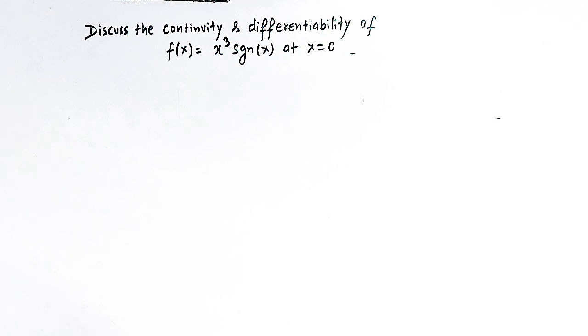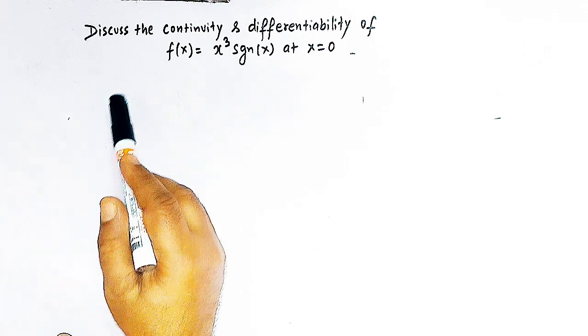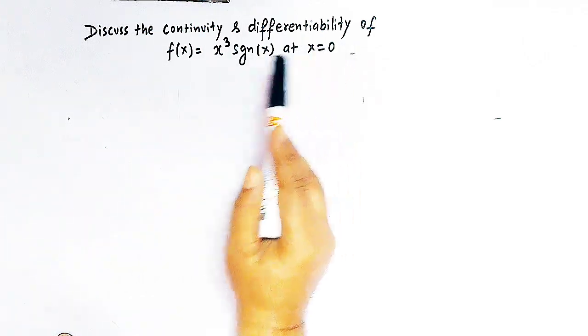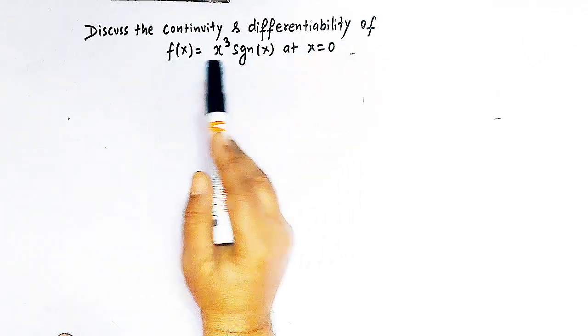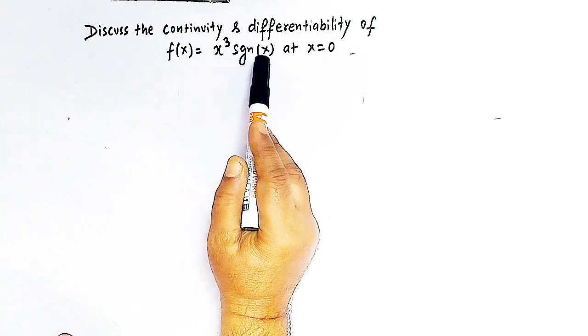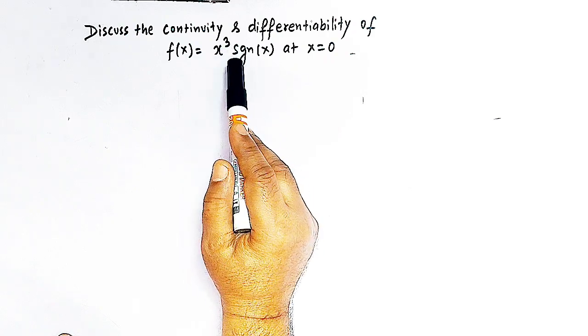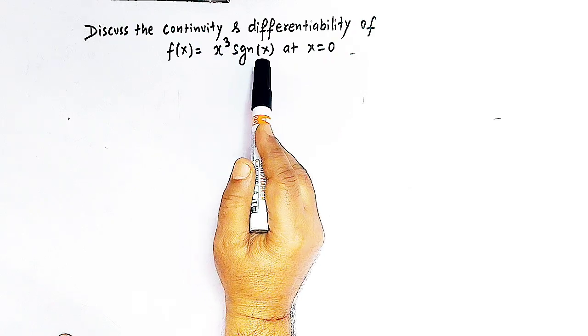Hello viewers, in today's session we are going to discuss a very important and conceptual problem from continuity and differentiability of functions. And here in this session we are going to discuss the continuity and differentiability of this function f of x, that is the product of two functions, x cube and the signum function, that is signum of x.